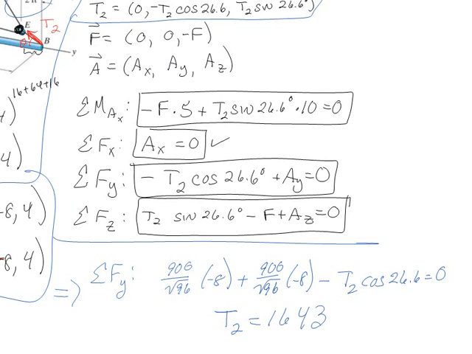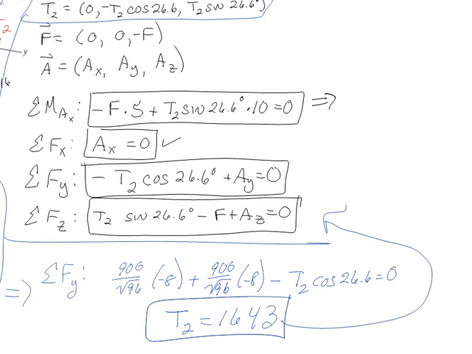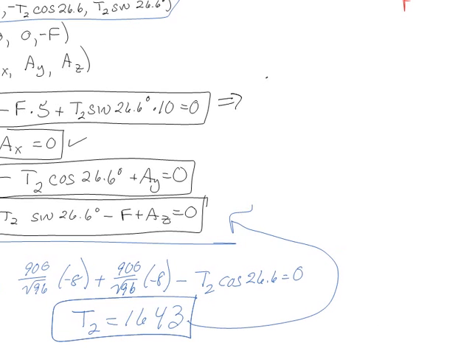Just like that. Beautiful. Okay, so now that I know T2, I can take that information and go back to my other system equations. So since I know T2, I know that T2 sine 26.6 equals 5F. So F equals T2 sine 26.6 over 5.